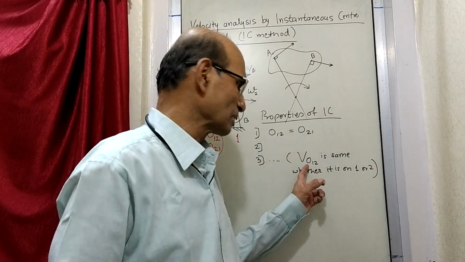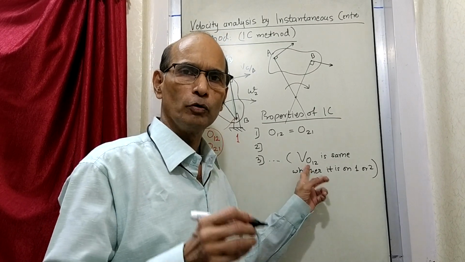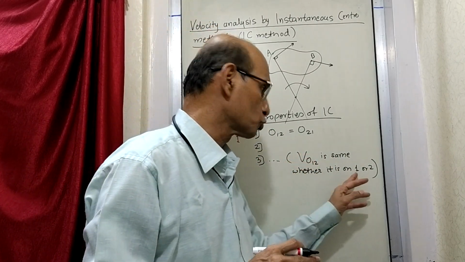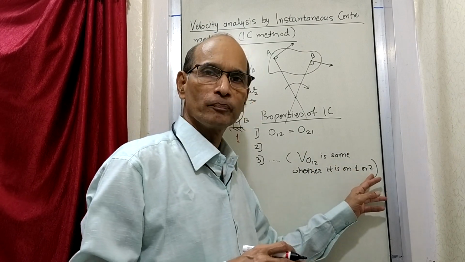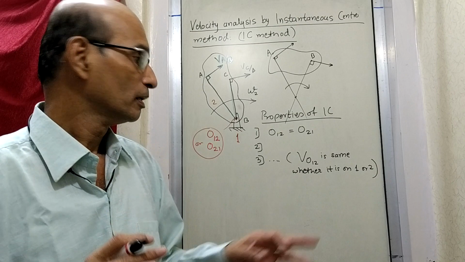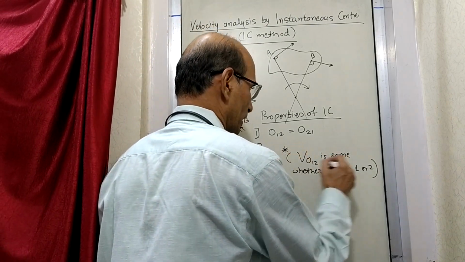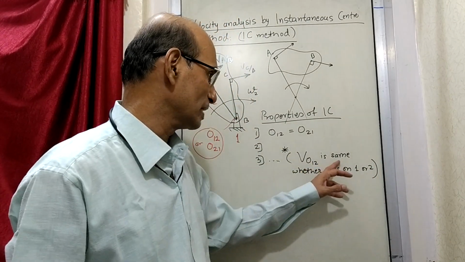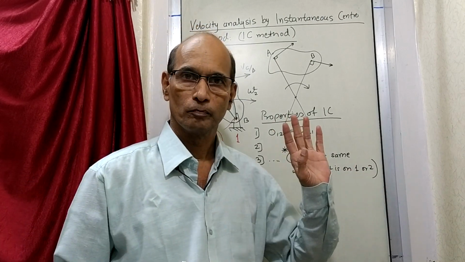Suppose you are asked what is the velocity of O12. Whatever it is, that will be the same even if you say this point belongs to 1, even if you say this point belongs to 2. Its velocity is going to remain the same, whichever way you have calculated. So this particular thing which we have written in the bracket, you have to remember very well. Velocity of O12 is the same whether it is on 1 or on 2.